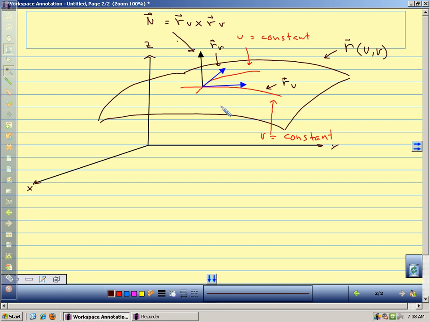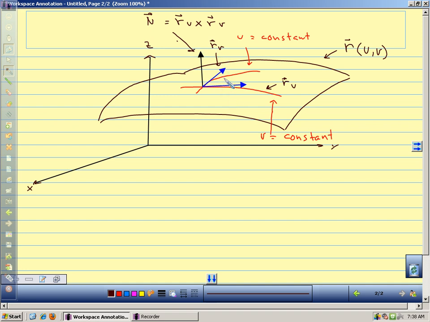And what we did was approximate the little element of surface area with the magnitude of this cross product. The magnitude of the cross product is the area of the little parallelogram with r sub u and r sub v as the sides.